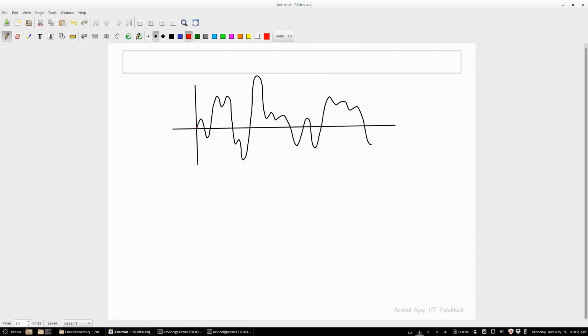Okay, let me say I have some funny input like this. What do you think the output will be? So from here to here it will follow that, right?